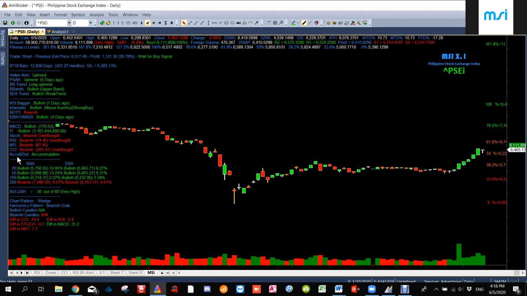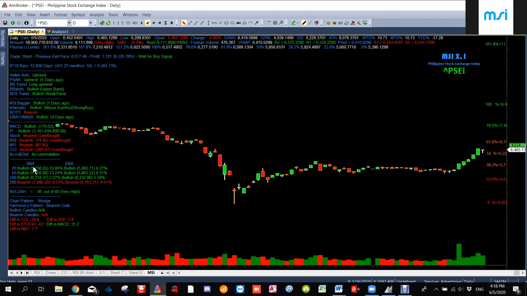Okay, so another indicator that we have here is the accumulation and distribution. So it's just giving you an idea kung nasaang phase na ba ang particular stock na tinitingnan nyo. Of course, if it's accumulation, then it's the time you buy or you accumulate the stock. And if it's distribution already, then that's the time you dispose or sell the stock or lessen yung hawak nyo.